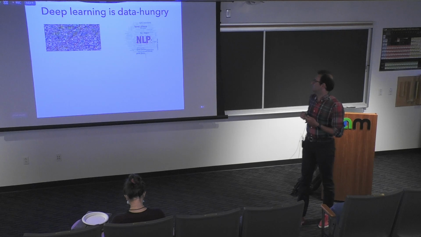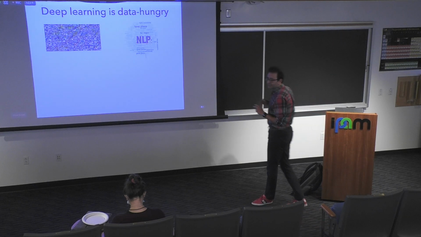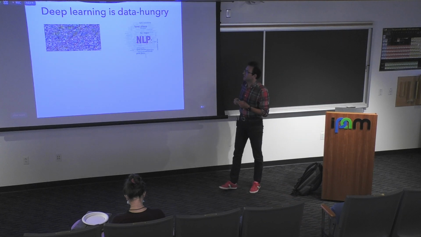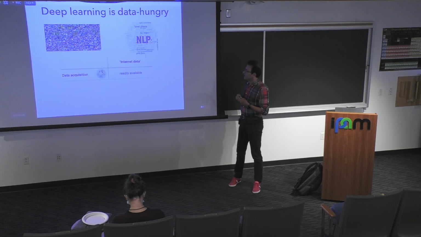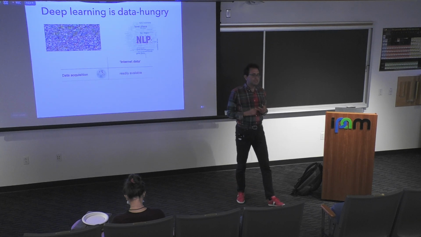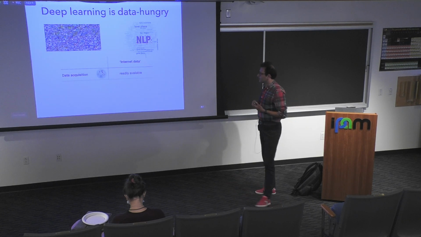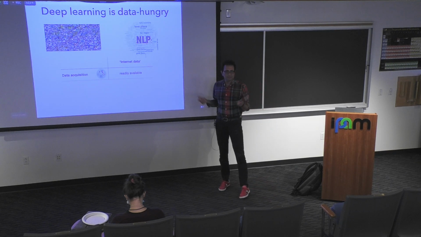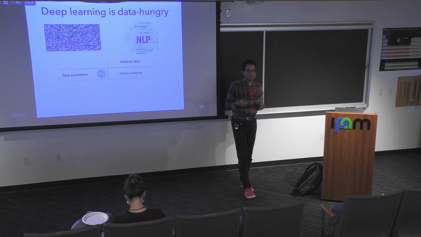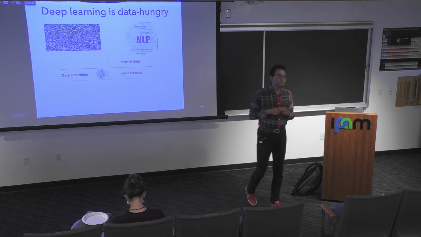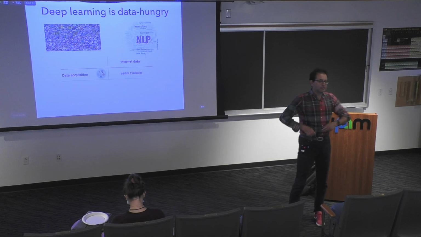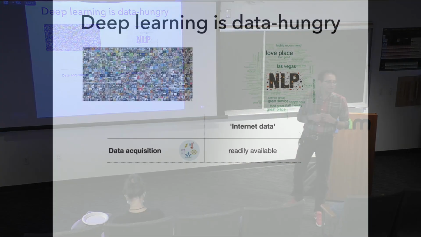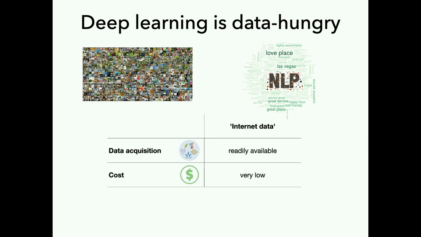It's not as much of a problem in internet applications like NLP and computer vision, because data is readily available. You have lots of images on the internet, YouTube videos, and the entire Wikipedia for NLP. So that's easy, and cost is typically very low.